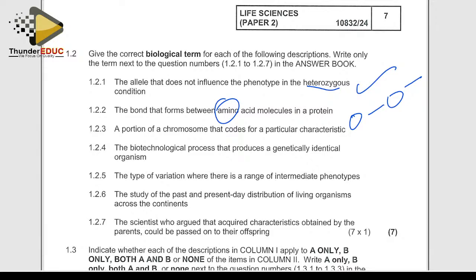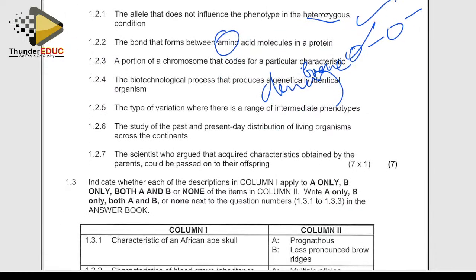We call it a peptide bond. If you wrote polypeptide bond, 0. Portion of the chromosome that codes for a particular characteristic. We say this is a what? It's a gene. Biotechnology process that produces genetically identical organisms. We say it is cloning. Yes, we talked about it when talking about the cloning of Dolly the sheep.